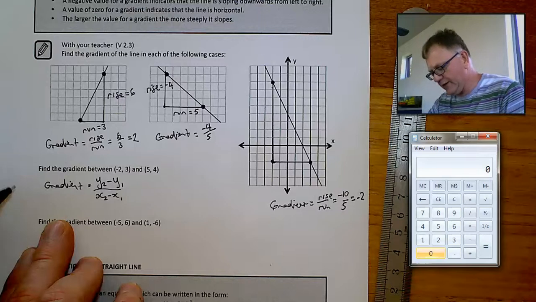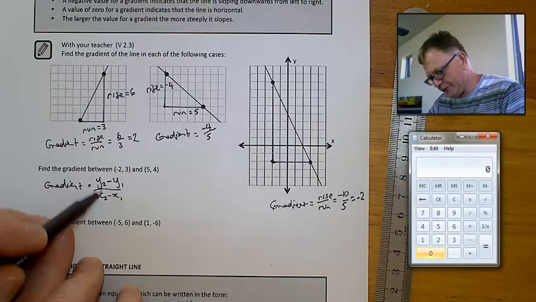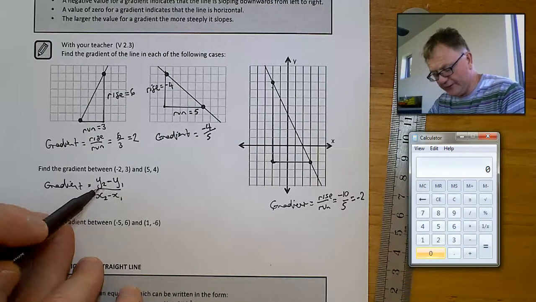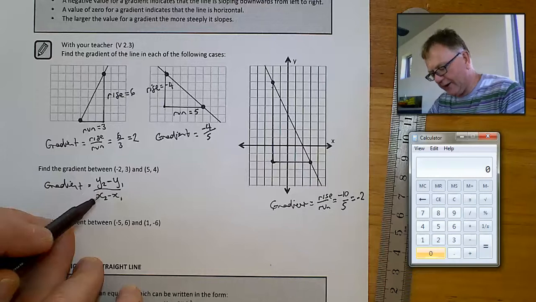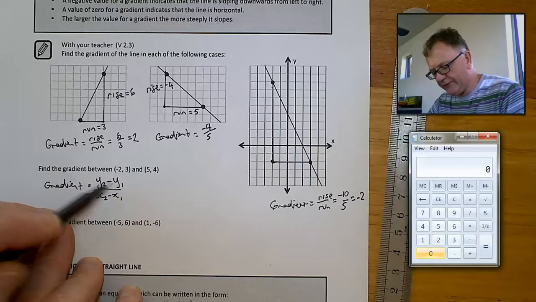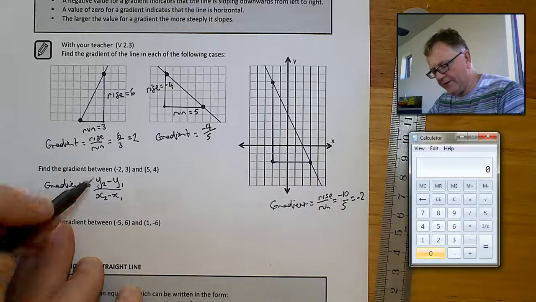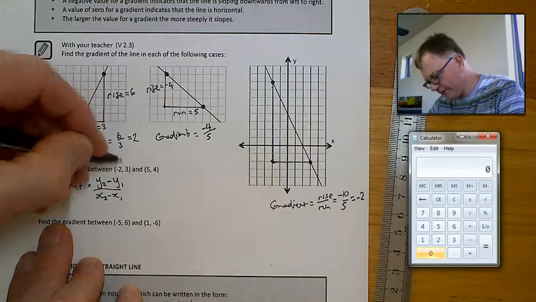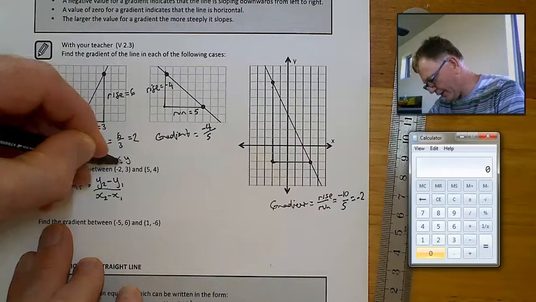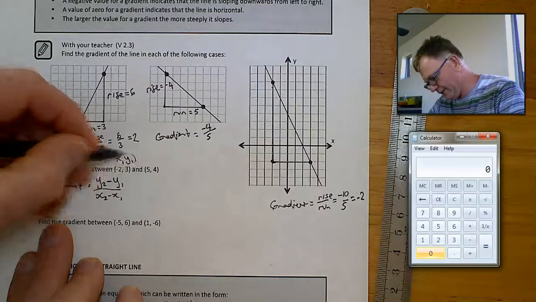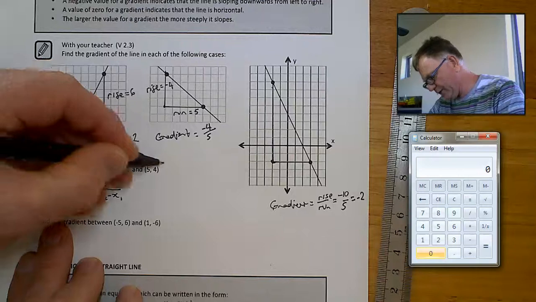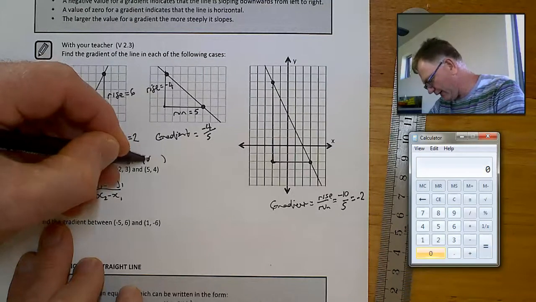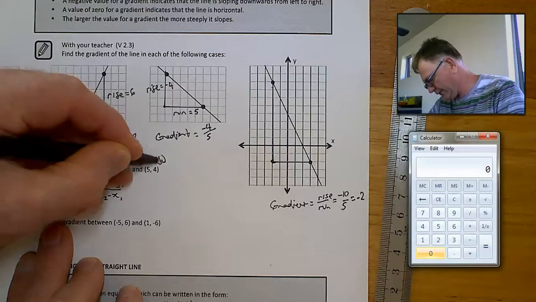Now, these little subscripts that I've put here, they're not squared or anything like that. It just means that this y2 is different from this y1. If this is point number 1, it's got an x and a y coordinate number 1. And if this is point number 2, I could call it x2, y2.